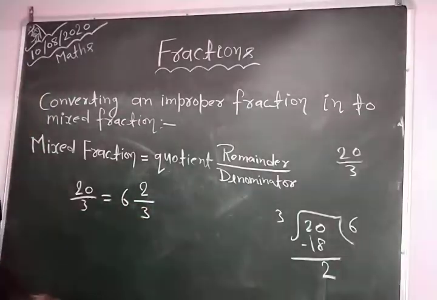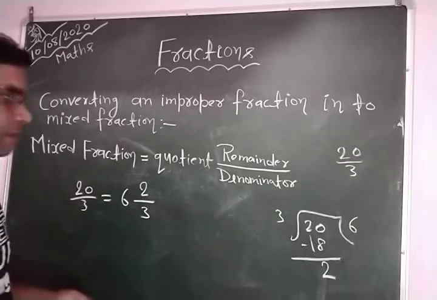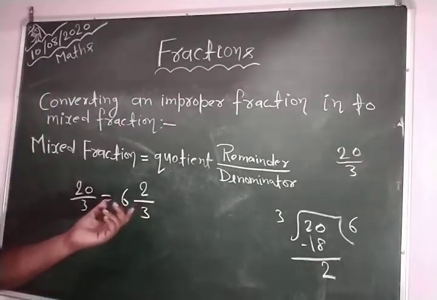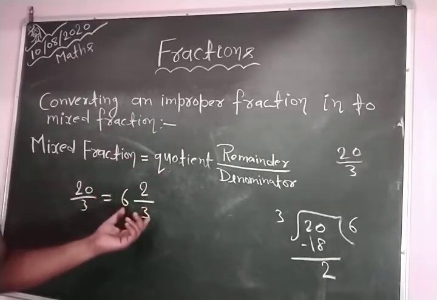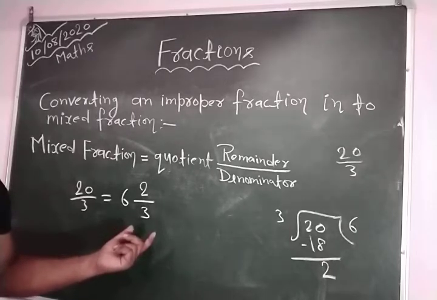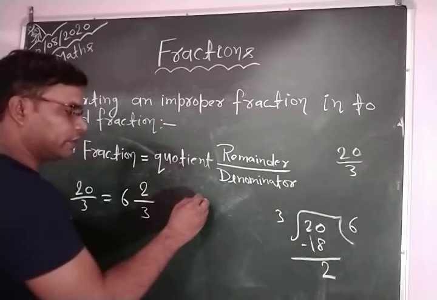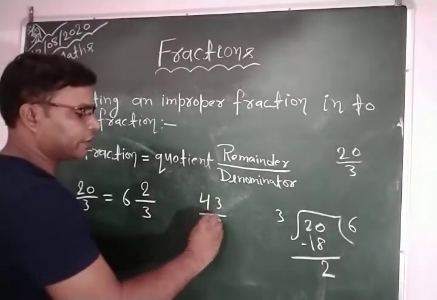Take another example to convert an improper fraction into a mixed fraction. You can take some other example such as 43 by 8.